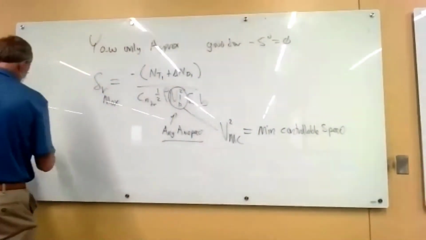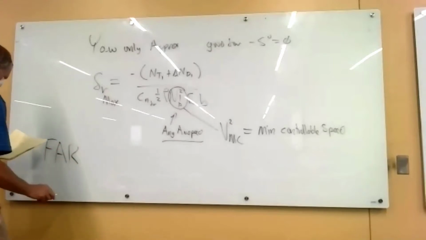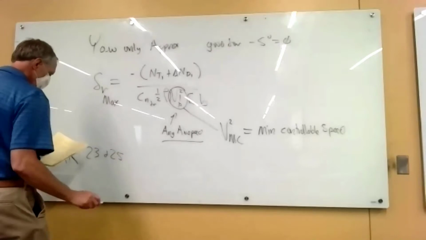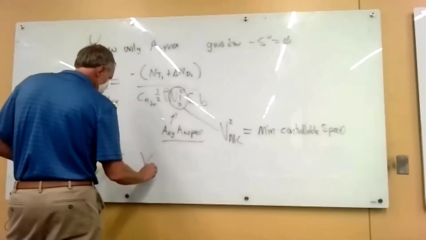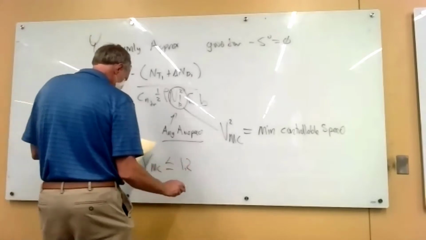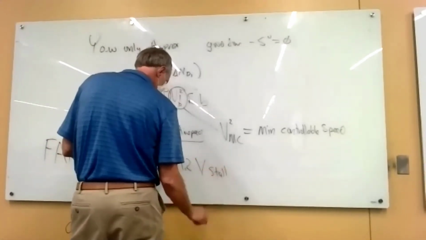And this is where the experience of the FAA and the military come in. Part 23 and 25 say that your VMC, your minimum control speed, must be less than 1.2 times stall.